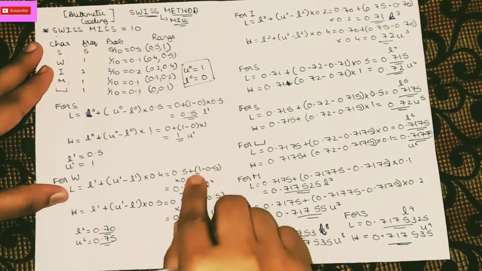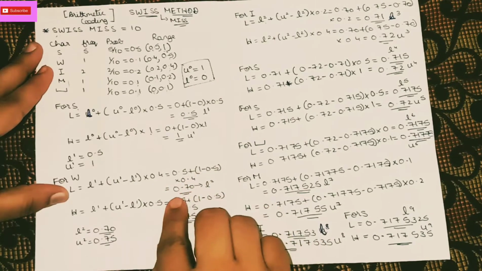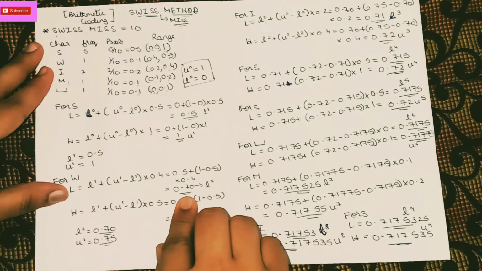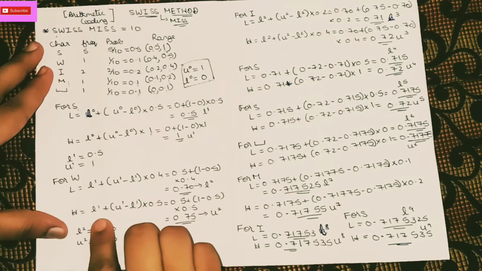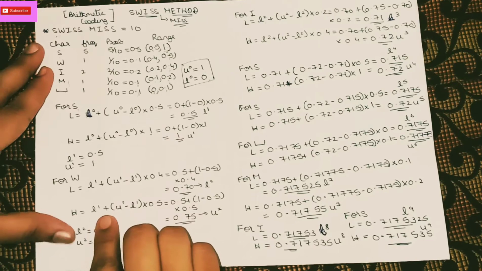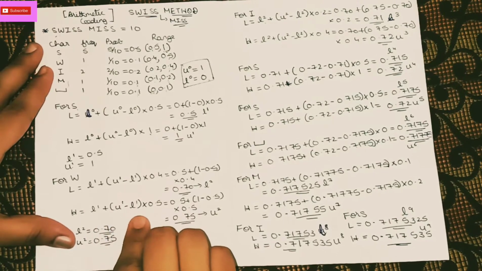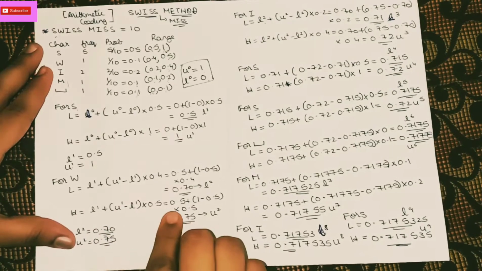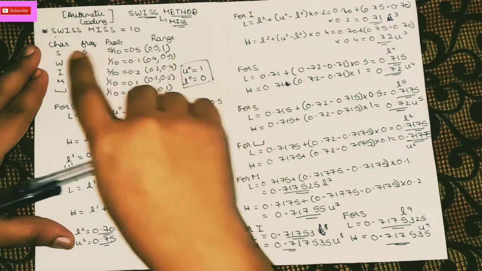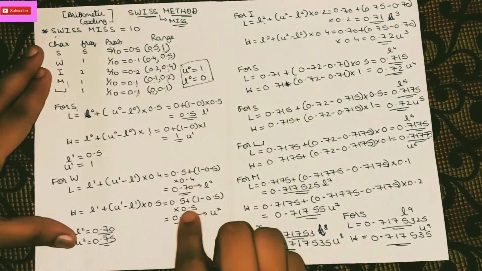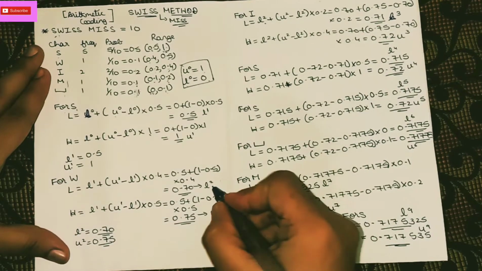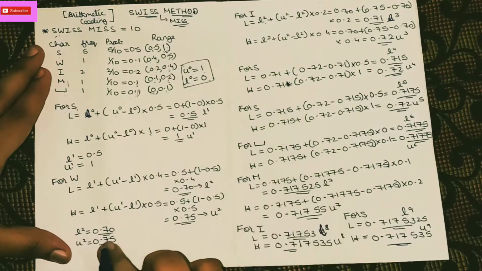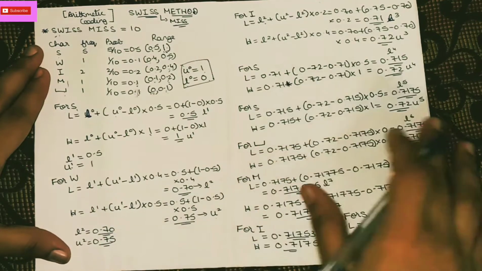Put those values in and you will get 0.70, that is L2. For the high range, that is L1 plus U1 minus L1, into 0.5, the high range of W, we get 0.75. So we got the L2 and U2 values. Write them here.